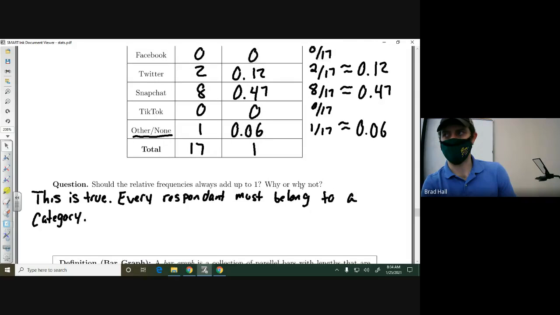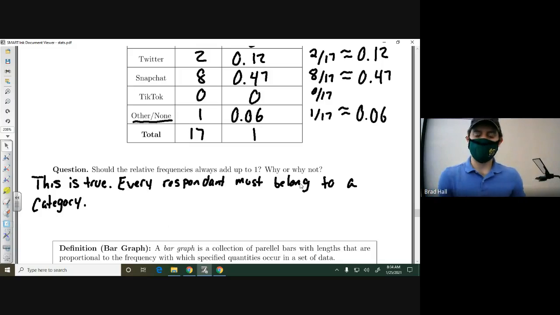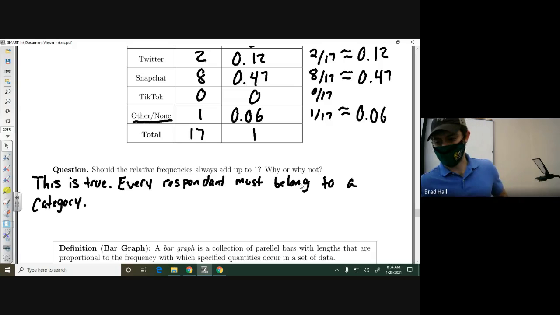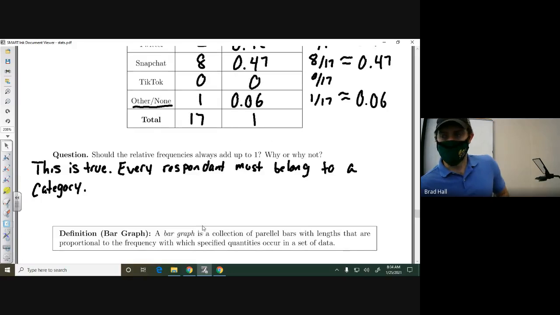So hopefully that's pretty straightforward so far. That's something we can do for qualitative or categorical data. We just count them up, figure out what that proportion is relative to everybody else. Any questions before we move on?